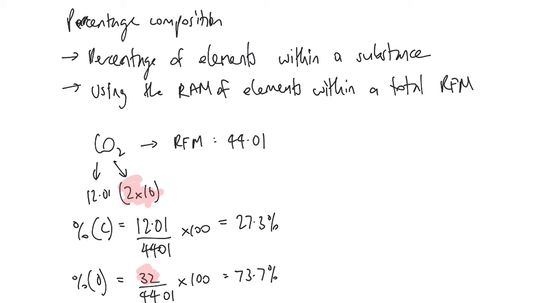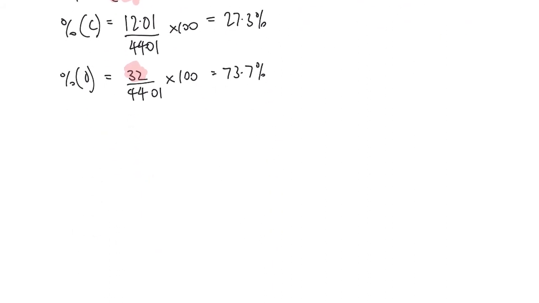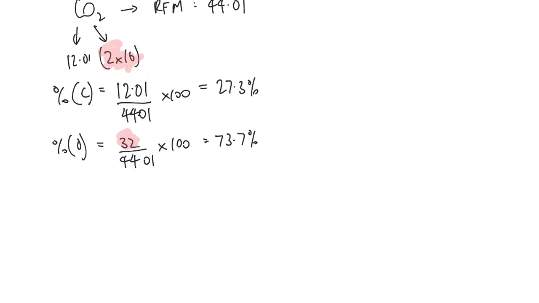Okay, cool. Let's work out the percentage composition of a number of other things. I'll leave that one up there. Let's do H2CO3, also known as carbonic acid. Let's do calcium phosphate.